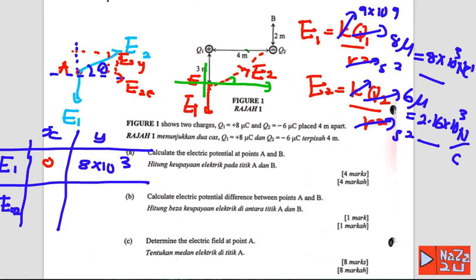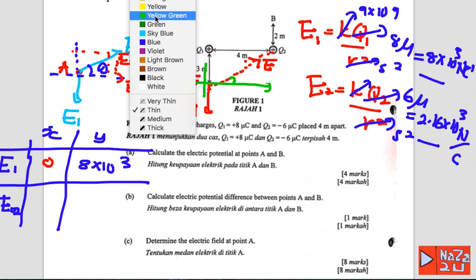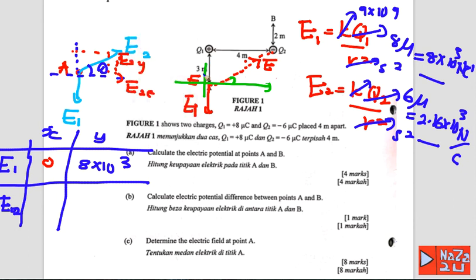Draw this straight line, here is E2. So what is the angle here? You can use this is 3, this is 5, and this is 4, and this is 3.